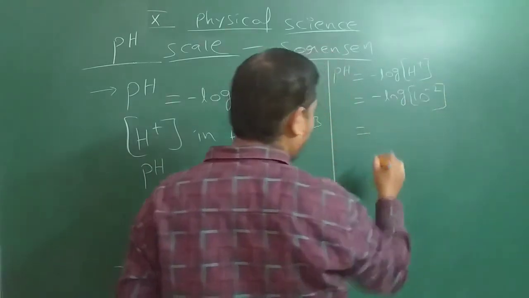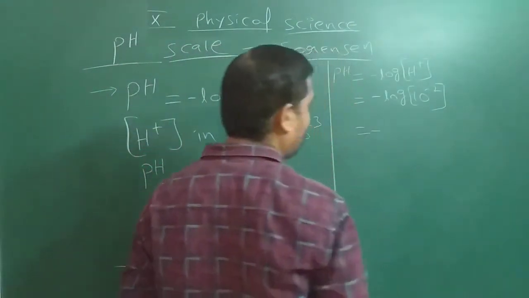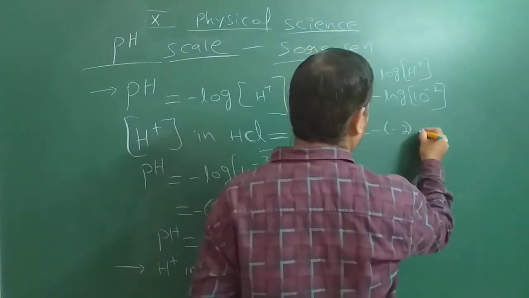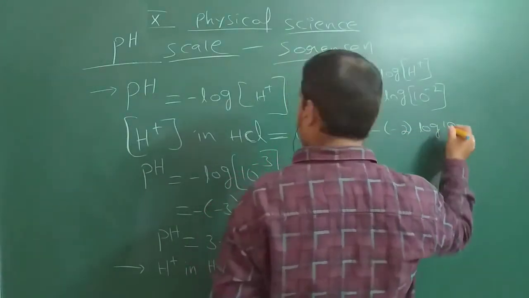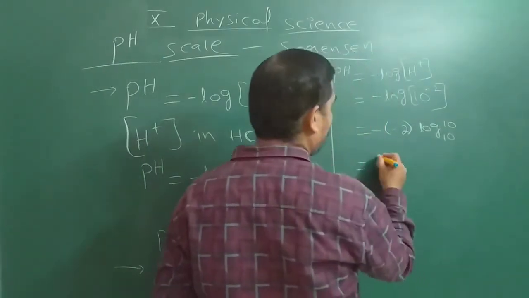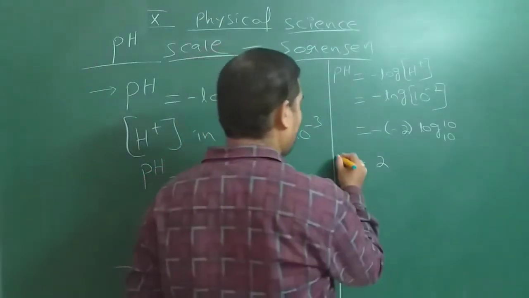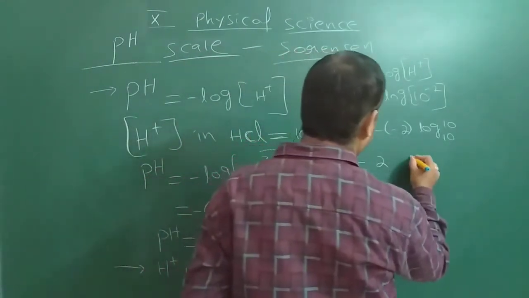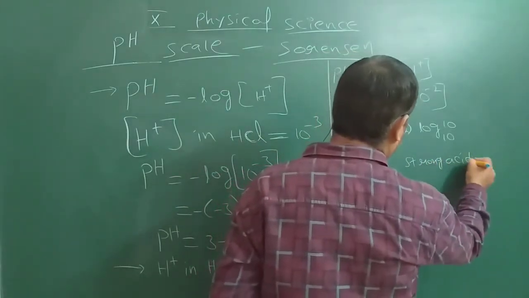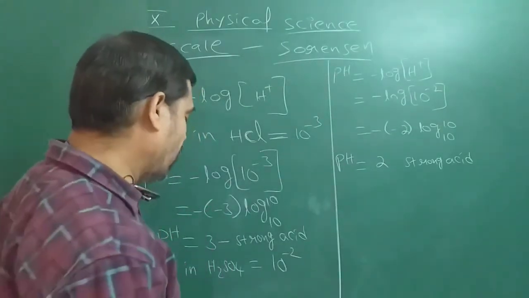It is in the form of log A power m, which is equal to m log A. So minus of minus 2 log 10 base 10, which is equal to 2, which is also a strong acid. In this way we can find the pH value.